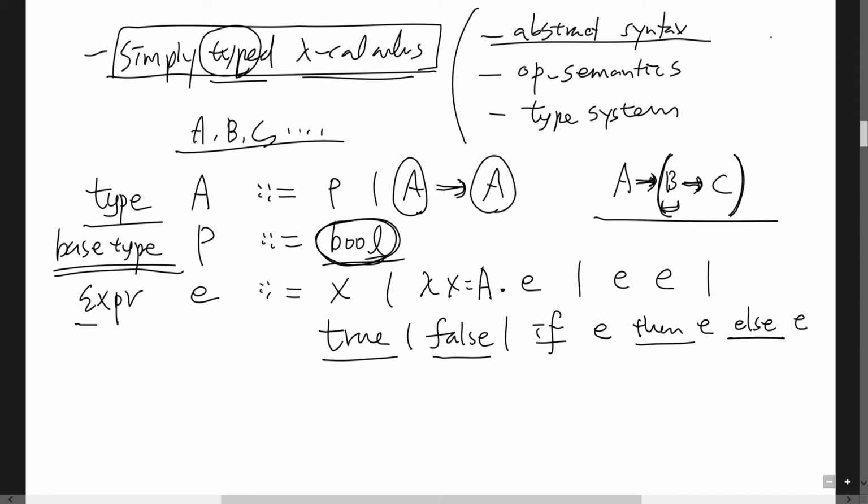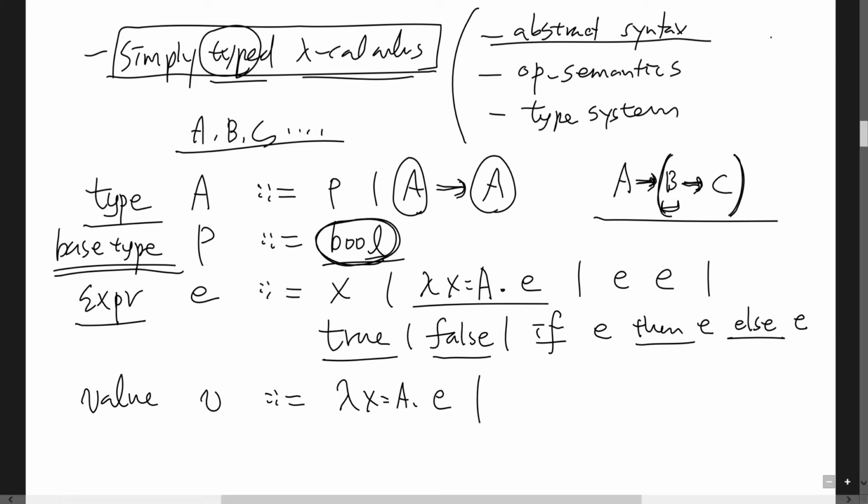And finally, we have to define the syntactic category values. So first, just like untyped lambda calculus, this lambda abstraction is counted as a value. So we have lambda x A dot e as a value.